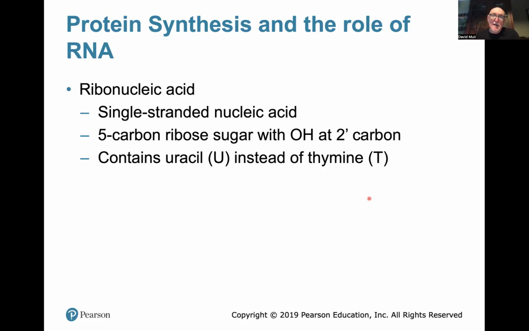But DNA is an entirely different polymer. DNA is a polymer made up of monomers of nucleotides. And so those are two completely different substances, nucleic acid and protein.